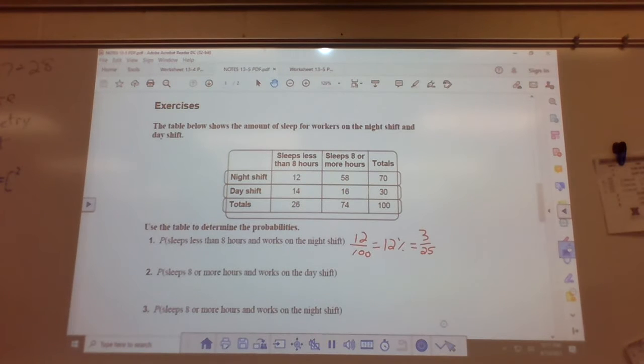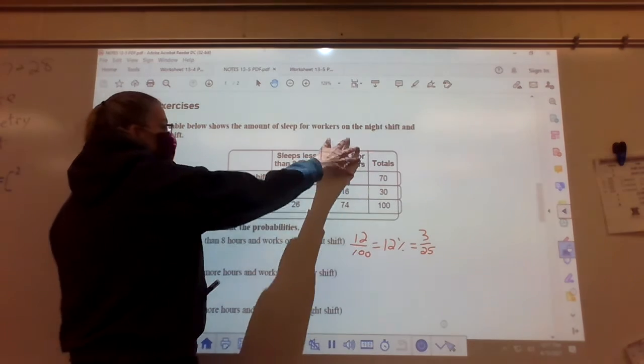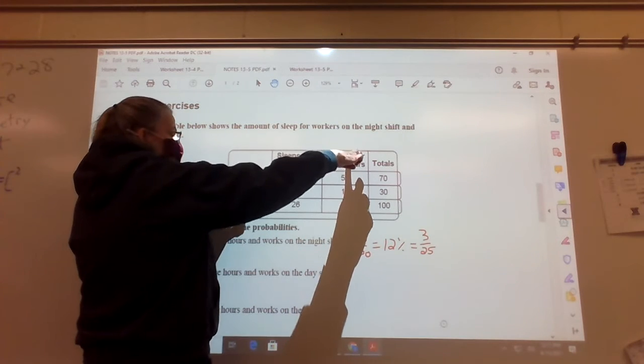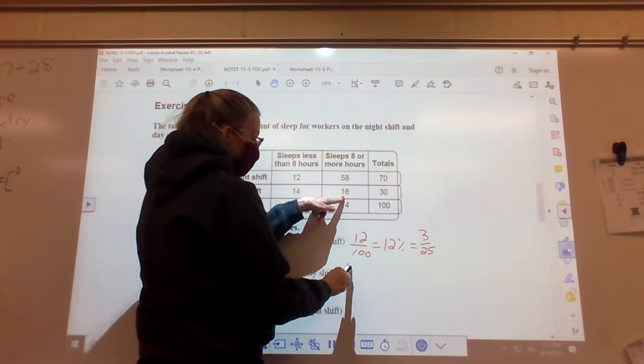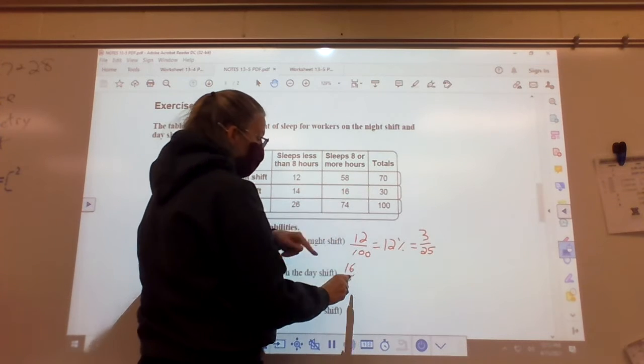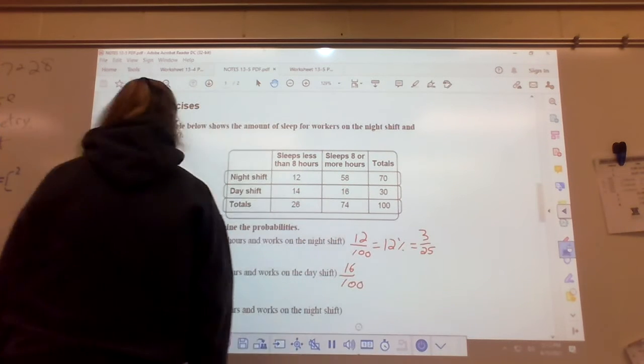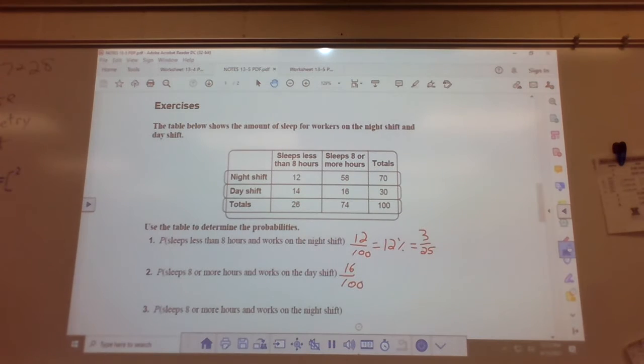So number two, sleeps 8 or more hours, works on the day shift. So 8 or more hours, day shift, I look to see where they connect. They're connected at 16 out of the 100. So 16 of the 100 fit both categories.